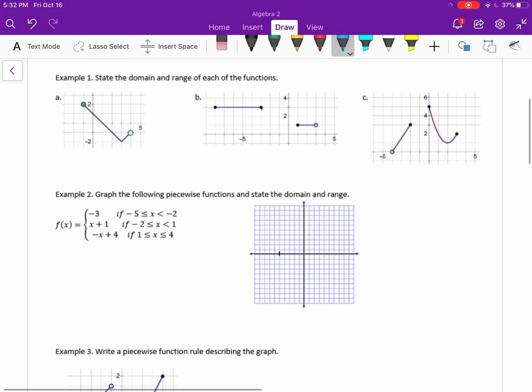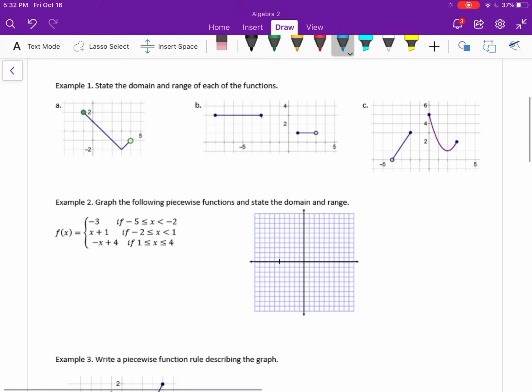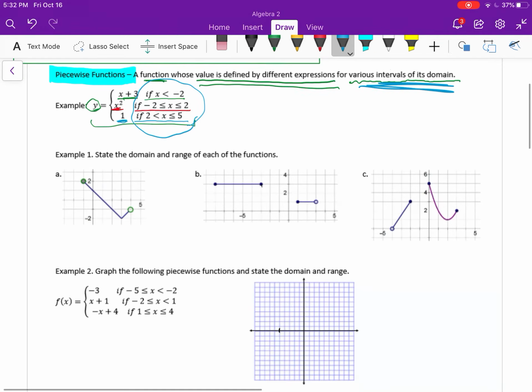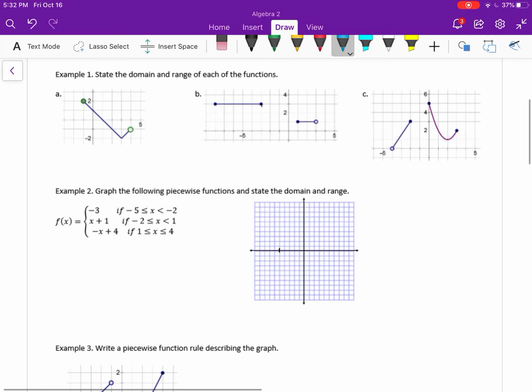We're going to just look at domain and range here because it does talk about the various intervals of the domain. So we've done stuff like this before, but let's go ahead and look at this. State the domain and range of each function. As I mentioned before, to find the domain, I like to think of this as collapsing your function to the x-axis.